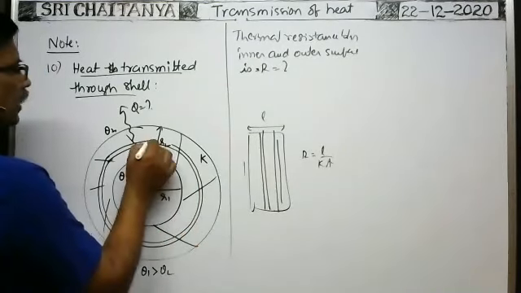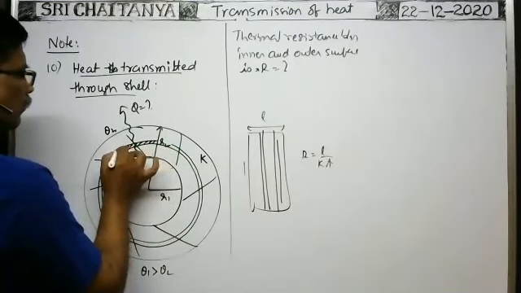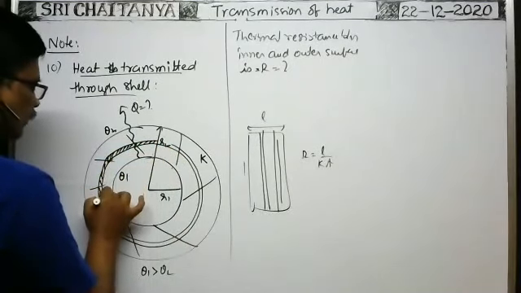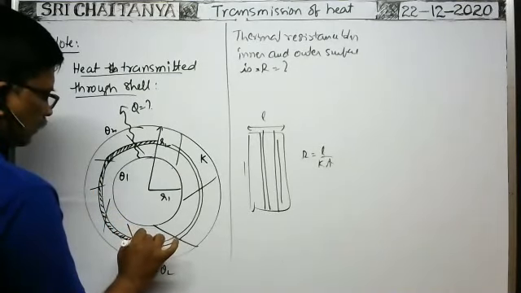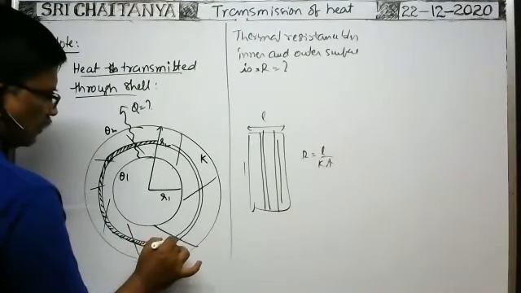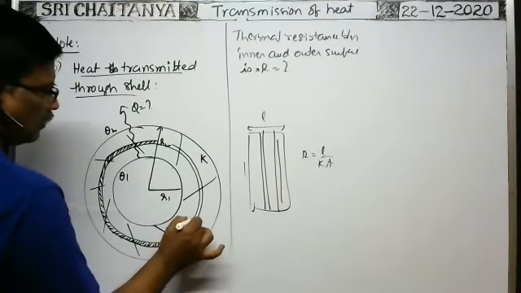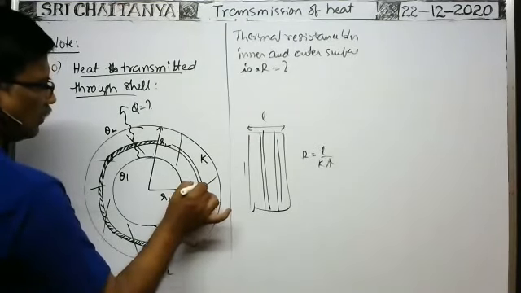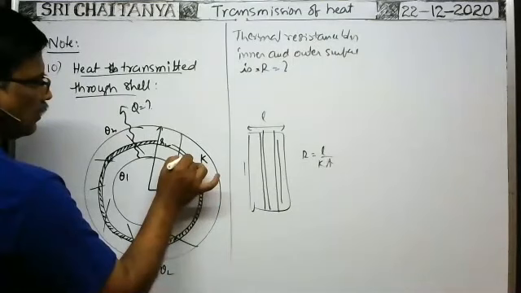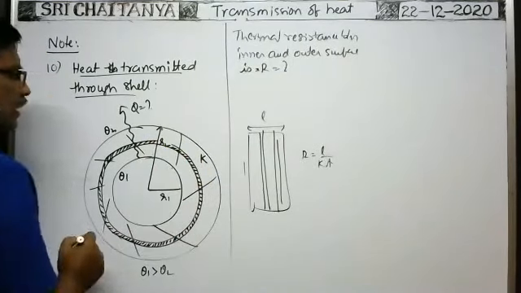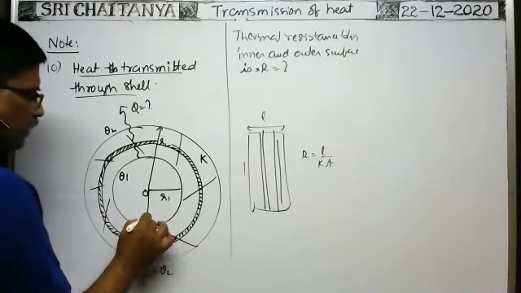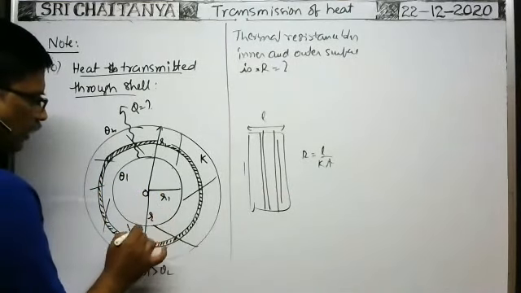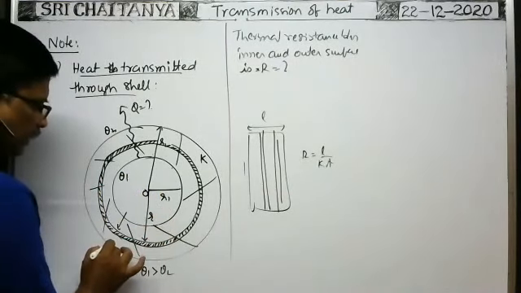Imagine one thin spherical shell, whose radius is say small r and thickness is say dr.